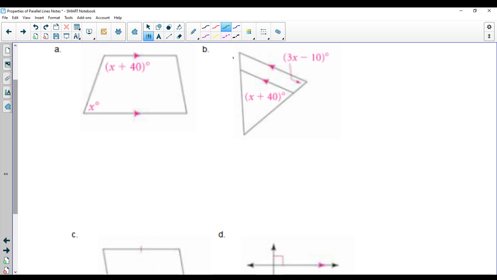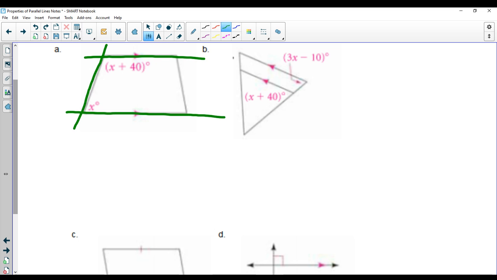So what I'm going to do is extend my parallel sides just for a second. And then I noticed that those two angle measures are closer to this line, so I'm going to extend that one because that is my transversal. So we're going to look at what relationship we have here.